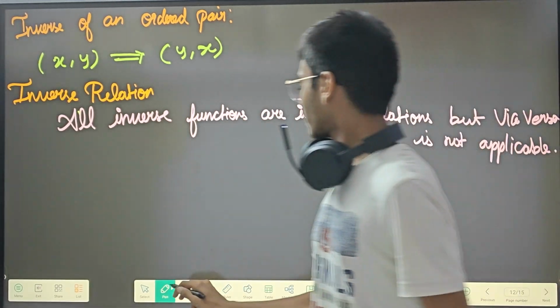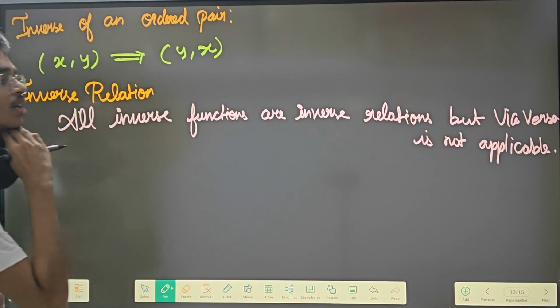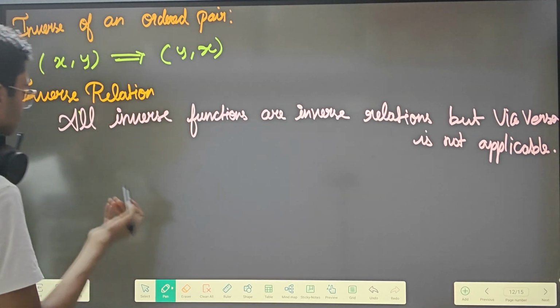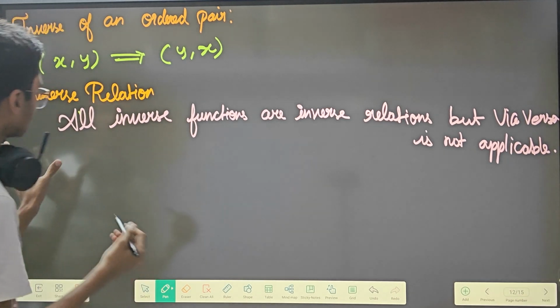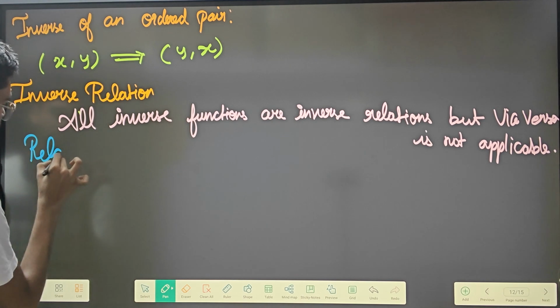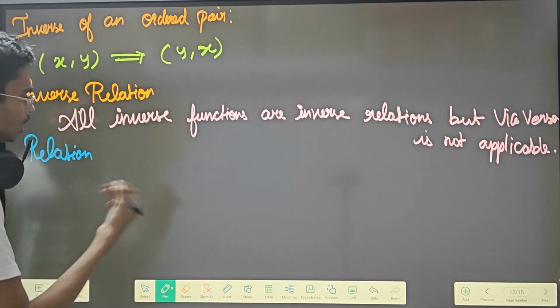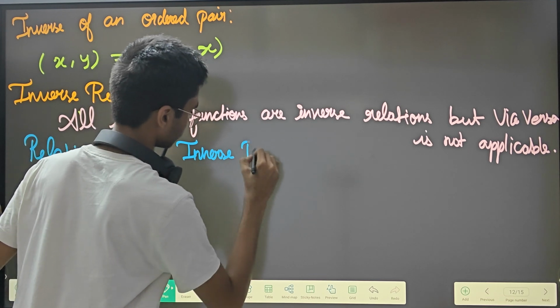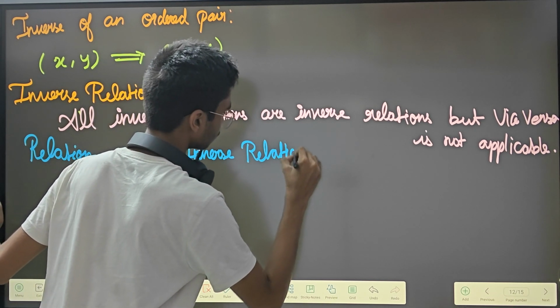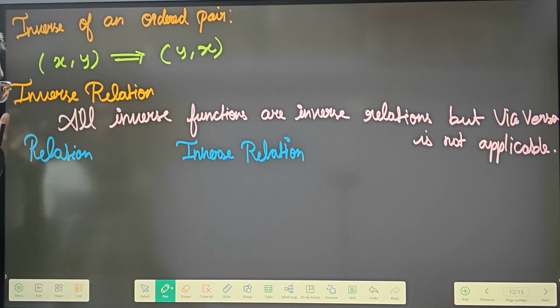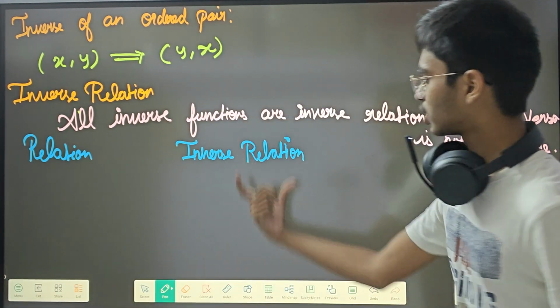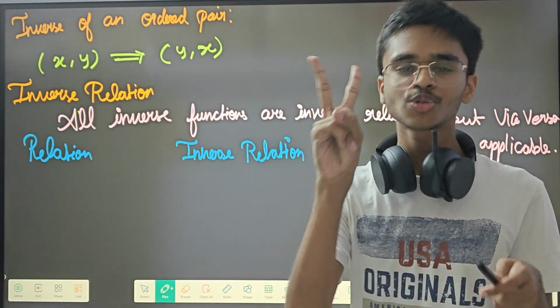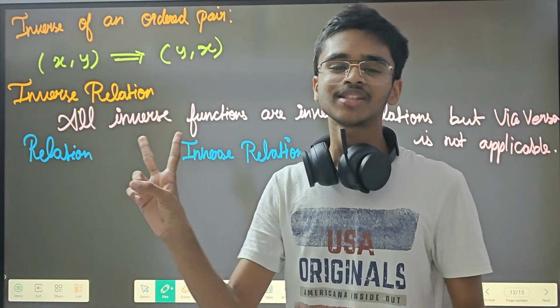Now we are going to see one concept you have to know. For an example, you have a normal relation and an inverse relation. If someone asks you to change a normal relation into an inverse relation, just remember these 2 points.